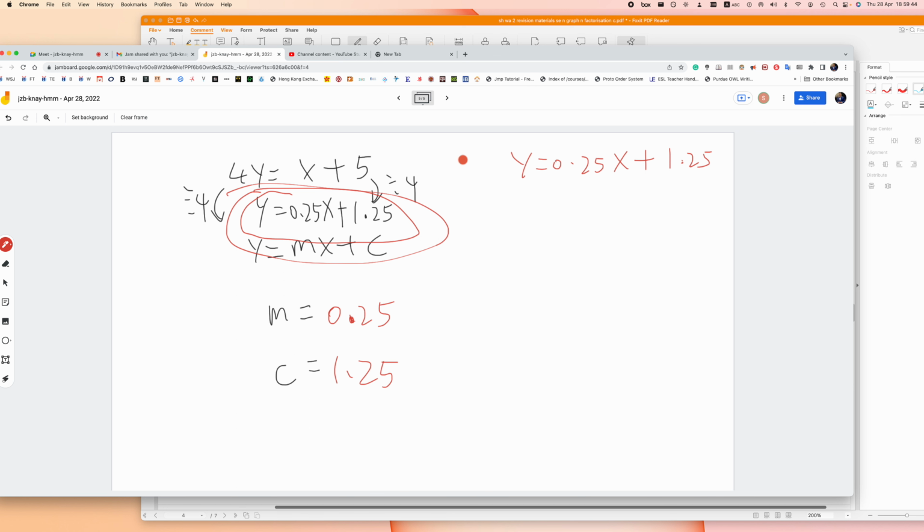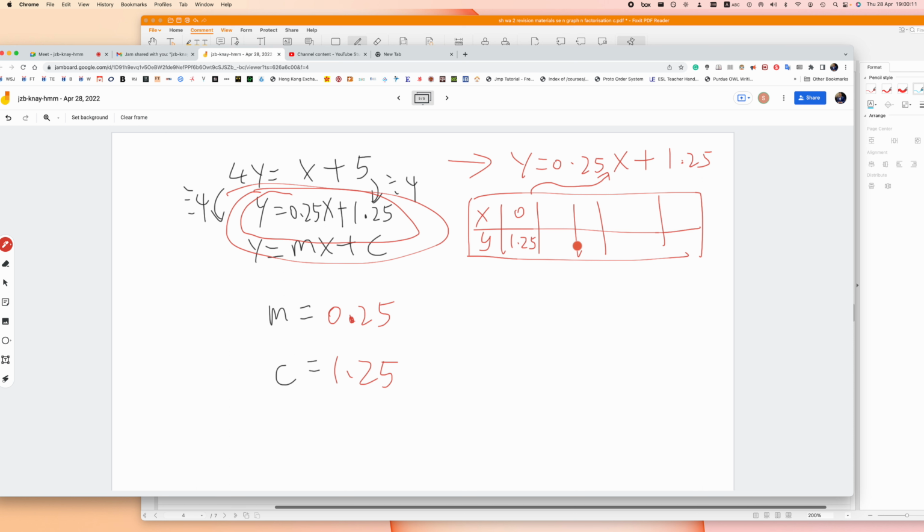Table of what? Table of x and y values. So what is the first value I need to give myself? 0. So if x equal to 0, you put it in, you get 1.25.